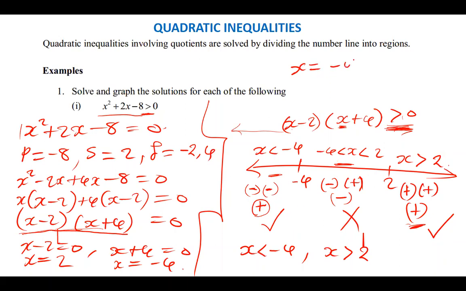You can say from -infinity up to -4. And then we say union, we're combining these two sets, numbers that are greater than 2, we can write as (2, positive infinity). So these are the solutions that are needed.